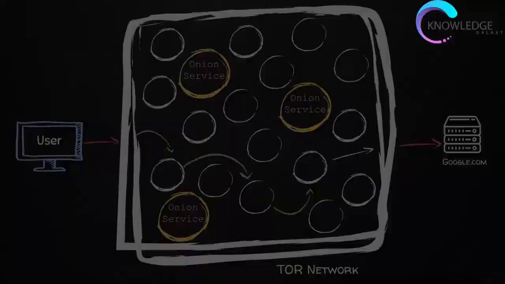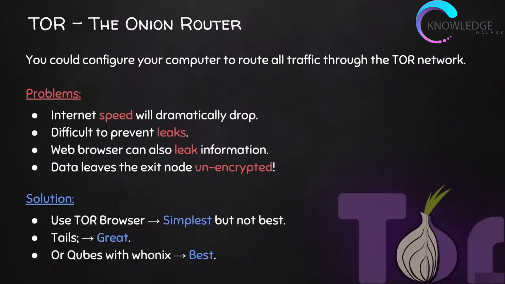So, like I said, there's a lot of steps to do if you want to configure your computer to use the Tor network. And even if you do all of that, you could miss a tiny or a small detail that could potentially leak information and reveal your identity. Therefore, a better solution is to use the Tor browser, and we'll talk about that in the next section.